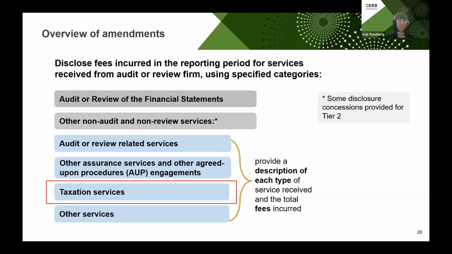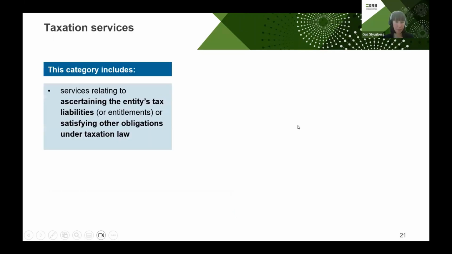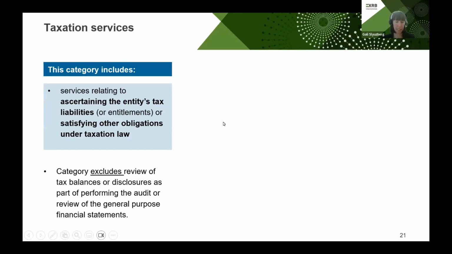And now we're moving on to the third category of non-audit services, which is taxation services. This category includes services relating to ascertaining the entity's tax liabilities or entitlements, or satisfying other obligations under taxation law. But this category excludes the review of tax balances or disclosures that are actually part of the audit or review of the financial statements.